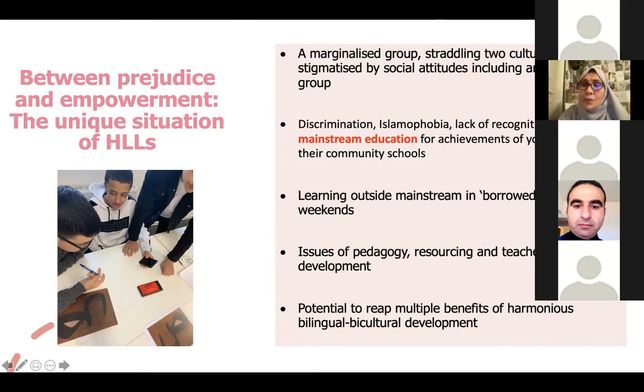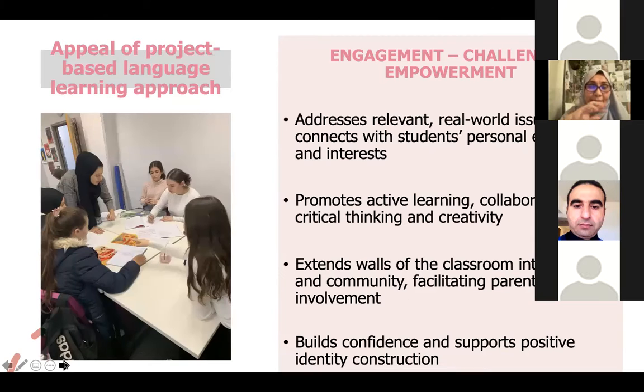They have got an issue of teachers who are not professionally developed and tend to not understand this balance of two cultures, the host and the home culture. Okay, so if we can move on, Mimi, please.